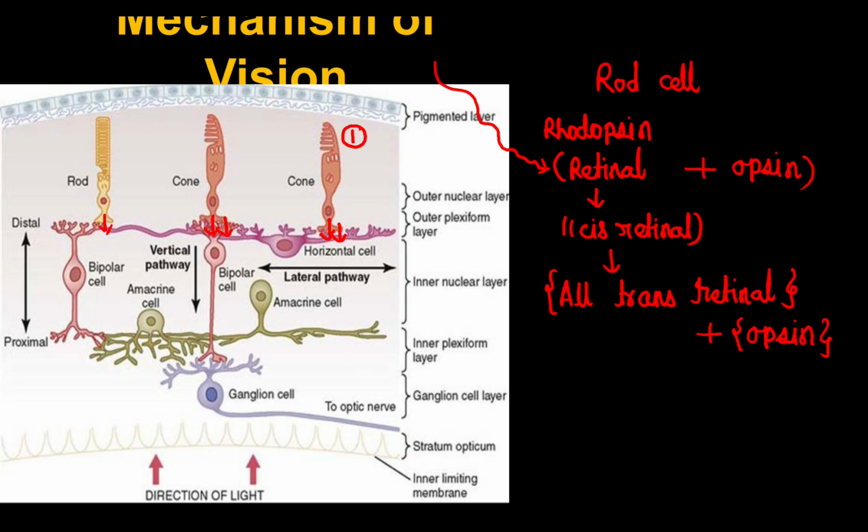What is action potential, receptor potential, graded potential, excitatory postsynaptic potential, inhibitory postsynaptic potential, all that we will see in another video. But a graded potential was generated, and then it will generate an action potential in the ganglionic cells, and from the ganglionic cell the whole information will go to the visual cortex of the brain. We will see that point in more detail.